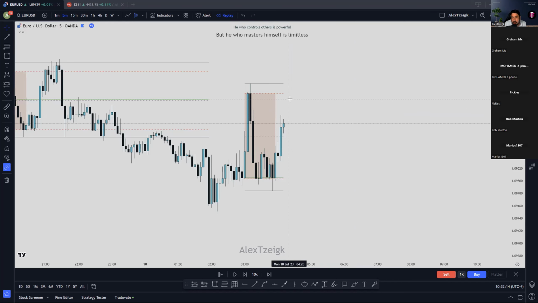Now, to continue explaining what the IDR and DR level is, we know that price is moved by institutions. You and I don't have the power to move candles.